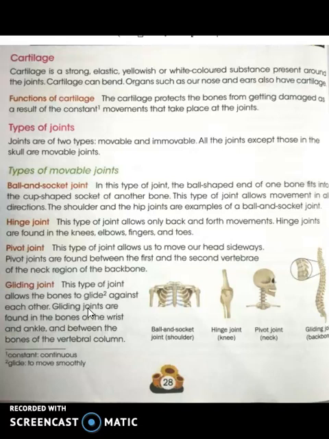All the joints are movable, except those present in our skull. The bones present in our skull are fixed. They cannot be moved.